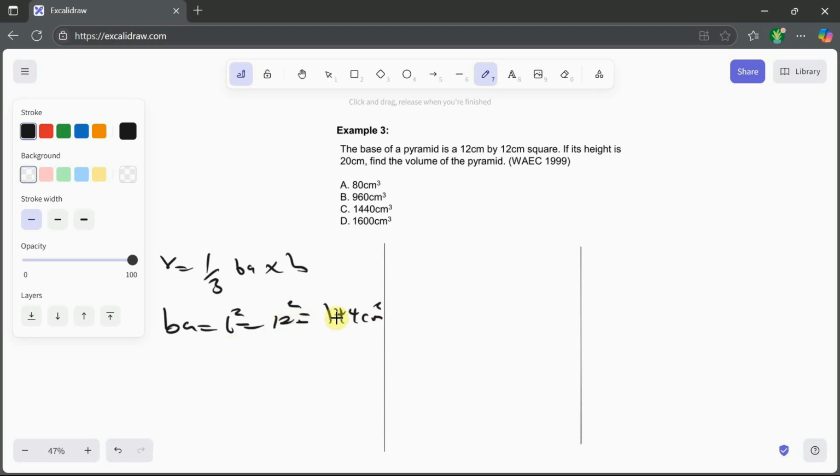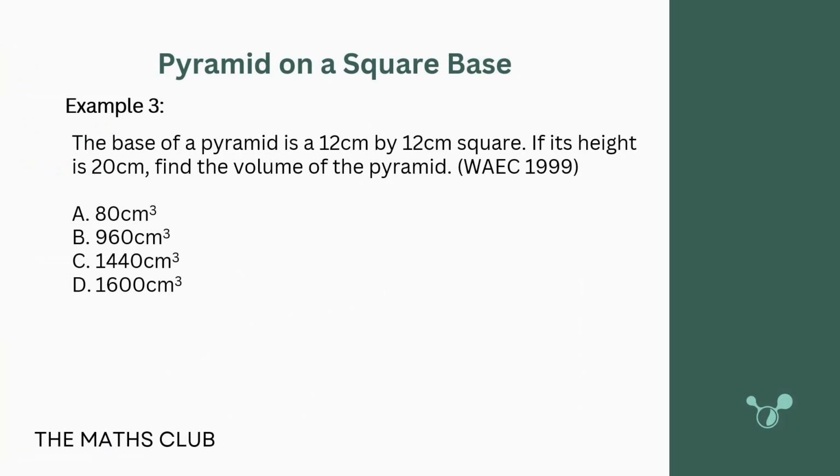The height is given as 20 centimeters, so we can find the volume. That will be 1/3 times 144 times 20. 144 times 20 divided by 3 is 960 centimeters cubed, and that will be option B. Great, these are as simple as it comes.